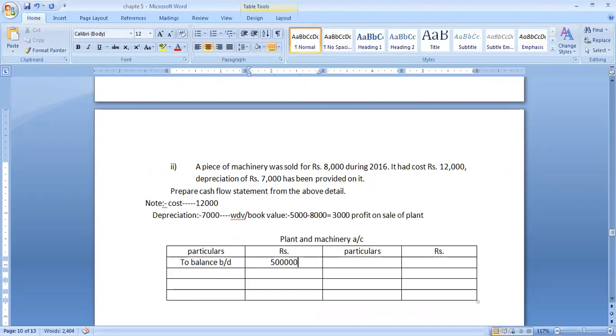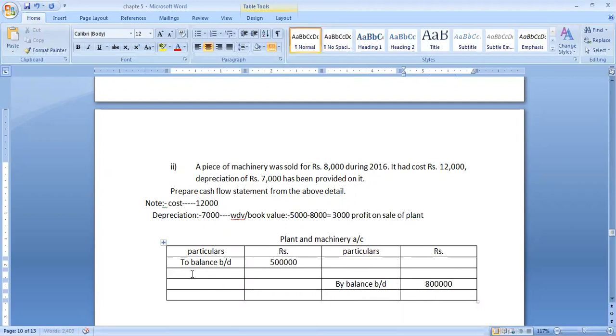Clear? 5 lakhs is the plant and machinery opening value. So also take the closing value by balance brought down. So what is the value of brought down? It is 8 lakhs. Clear?